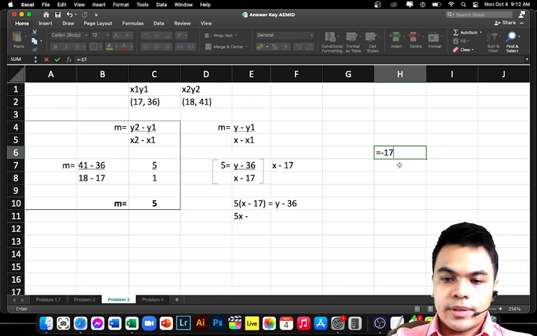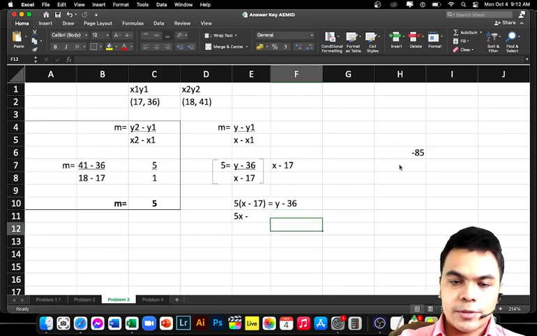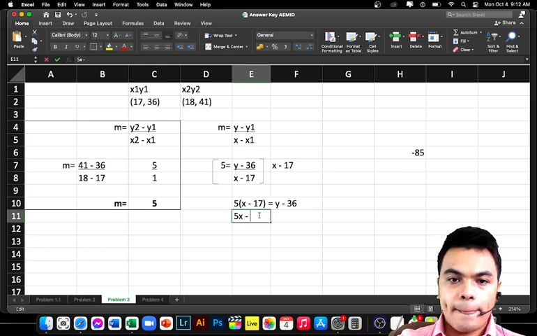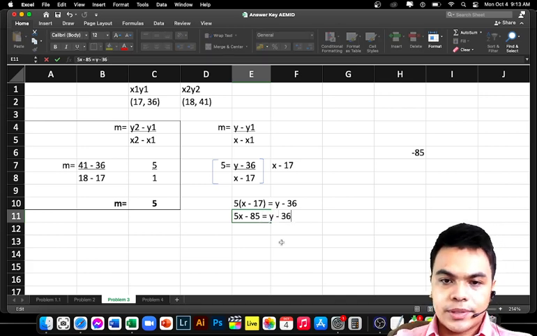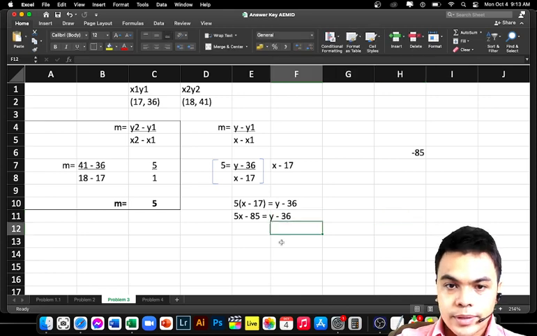Negative 17 times 5 is negative 85. So minus 85 is equal to y minus 36.